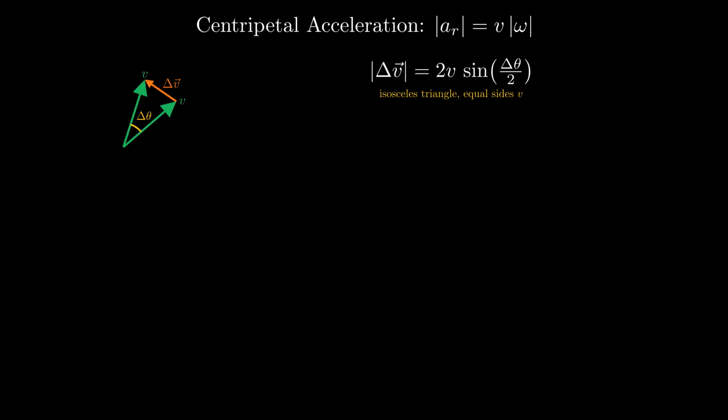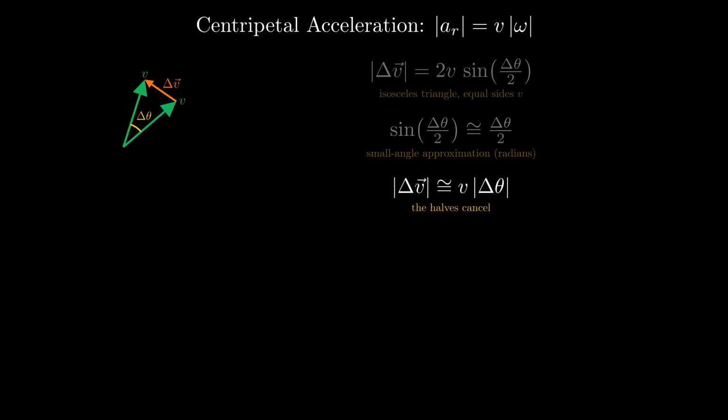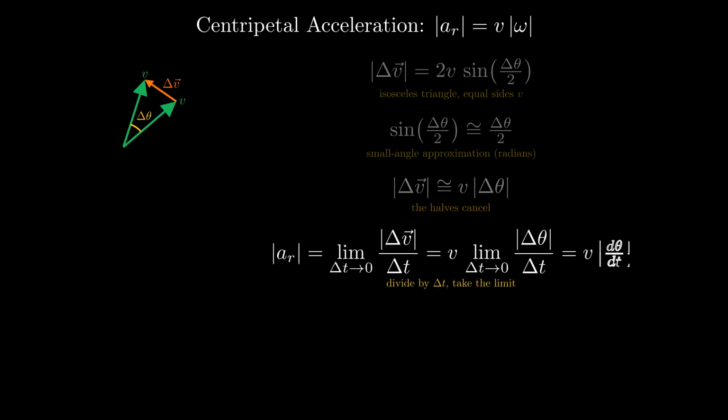For a small angle measured in radians, the sine of Δθ over 2 is approximately Δθ over 2, the small angle approximation. The two halves multiply back to a clean result. The magnitude of Δv is approximately v times the magnitude of Δθ. The magnitude of the radial acceleration is the limit of the magnitude of Δv divided by Δt as the interval shrinks to 0.